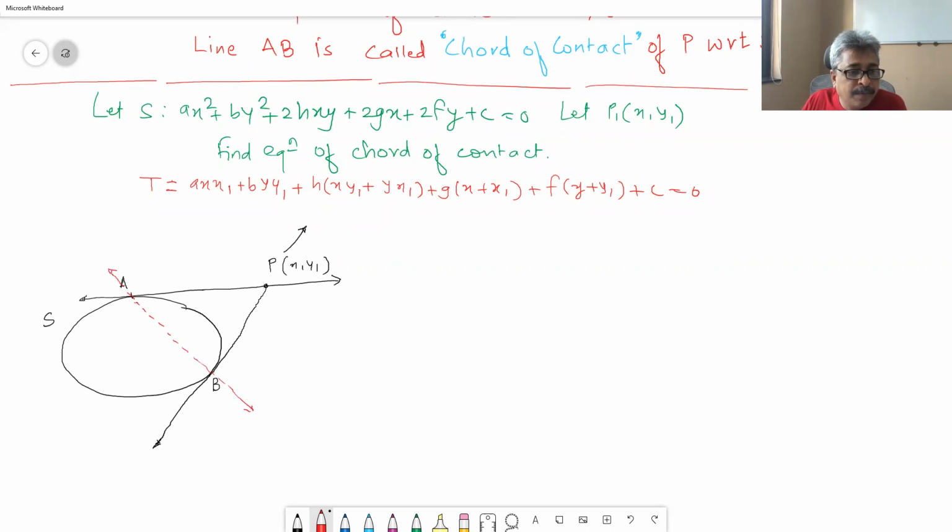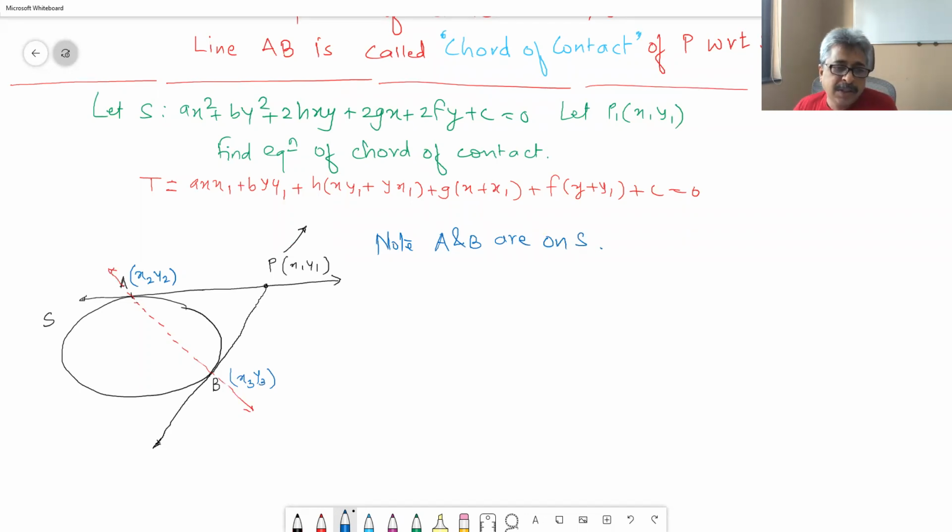Let us call A as (x2, y2), B as (x3, y3). Note A and B are on S.